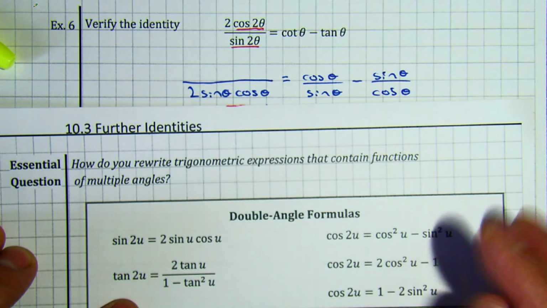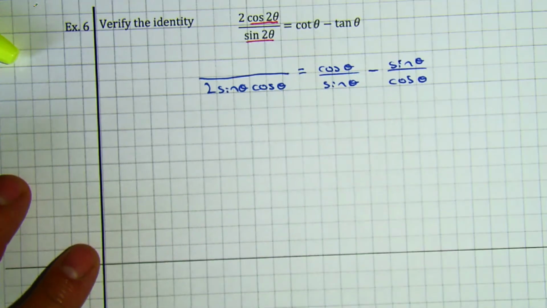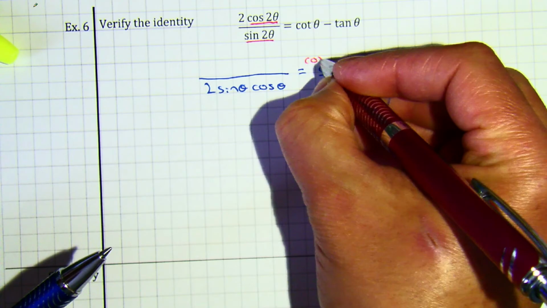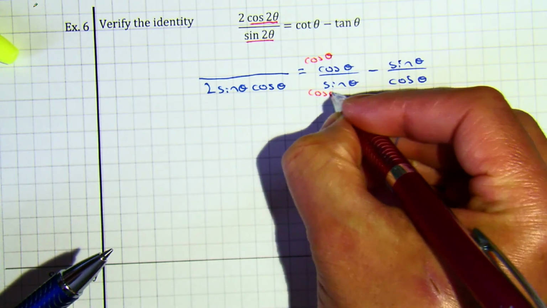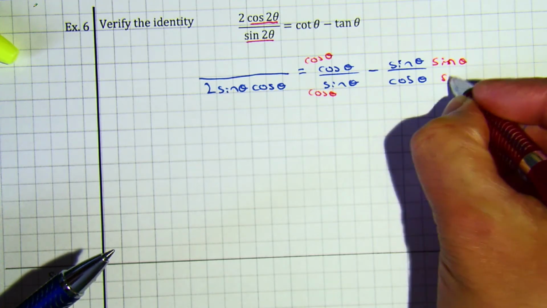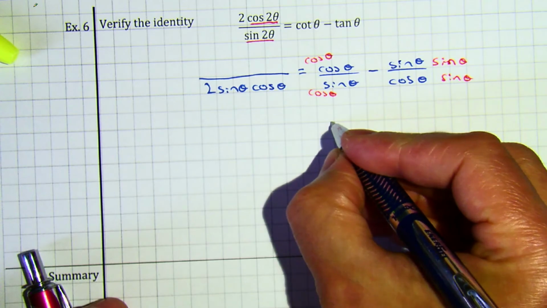And now we know that whenever we have two fractions, we should add them. So therefore, I'm going to multiply the left-hand side by cosine and the right-hand side by sine. So therefore, my denominators will be the same.